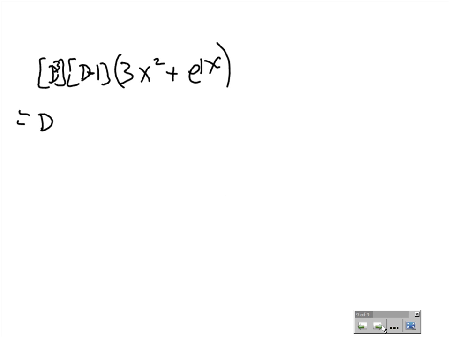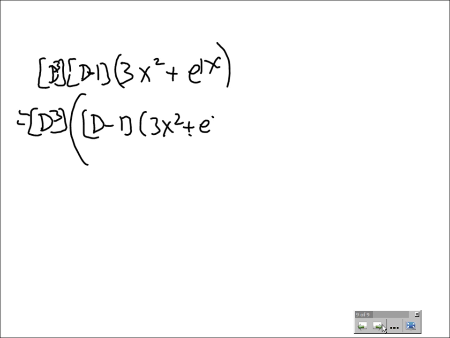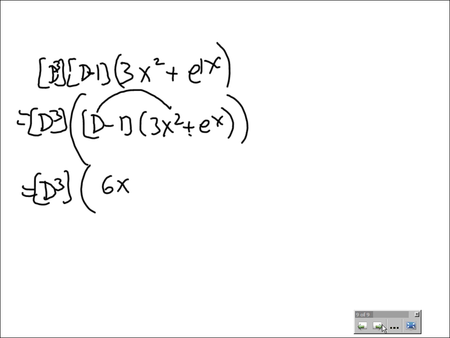So we do d cubed operated on d minus 1 of this function. So we'll do the third derivative at the end. First I take the derivative of what's in the bracket. I get 6x plus e to the x. Minus what's in the brackets, minus 3x squared minus e to the x. Coincidentally, that cancels out.